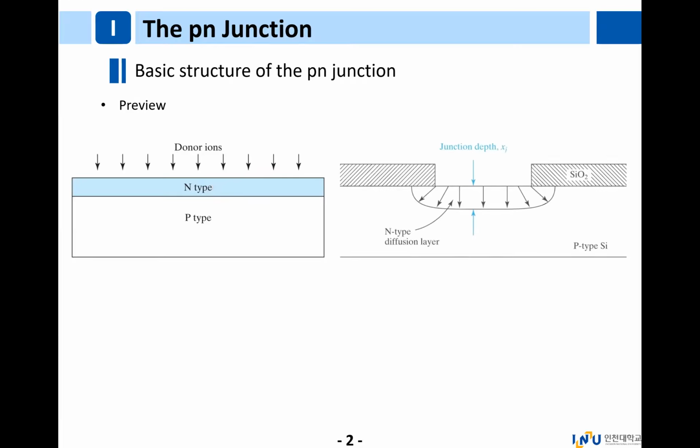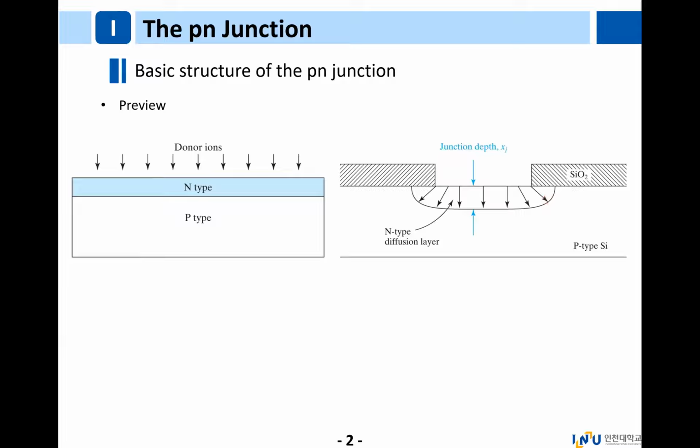In practice, masking materials such as PR, photoresist, or SiO2 are often used to selectively form the n-type region in desired areas, taking into account the diffusion of dopants.